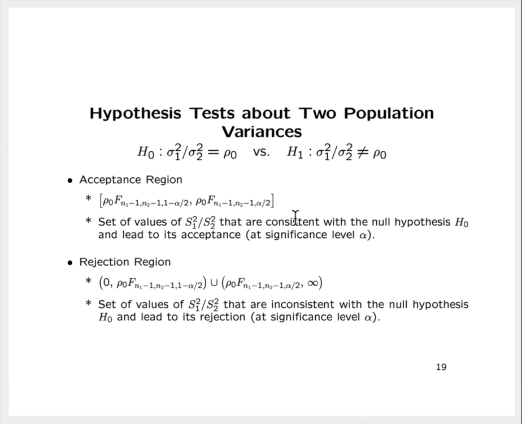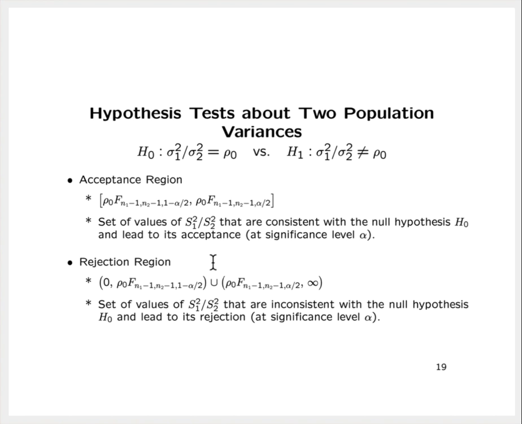This set of values for the ratio of the sample variances is consistent with the null hypothesis and therefore would lead to its acceptance at a significance level of alpha.